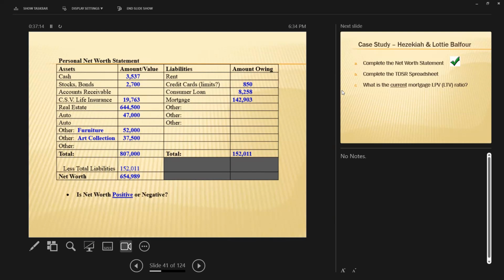Those in class, I've given them a sheet that says class exercise, which is the Balfours, and we will continue to look at the Balfours to get some additional information on them.